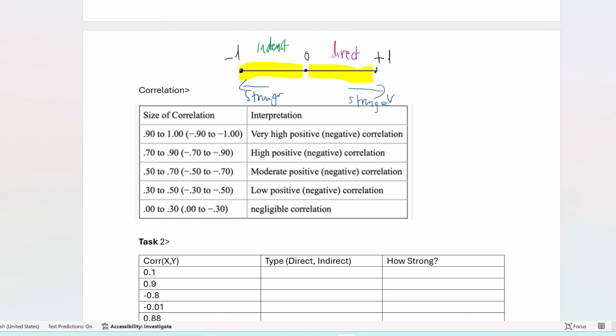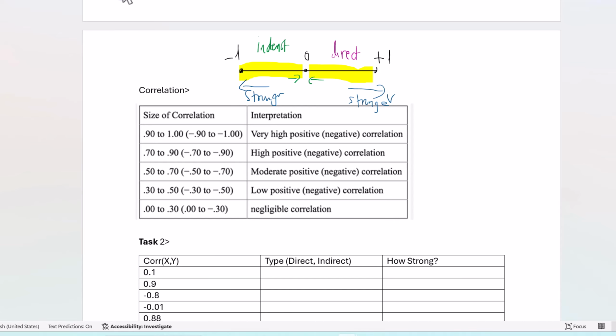On the other side, the closer we get to 0 from both sides, the more the strength of the relationship decreases. In this table, we give a rule of thumb on how strong the relationship is based on the value of the correlation.